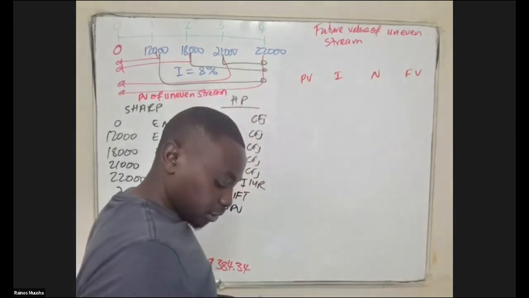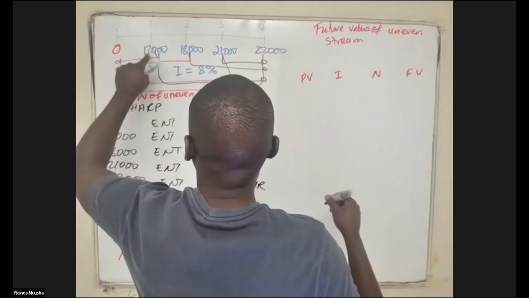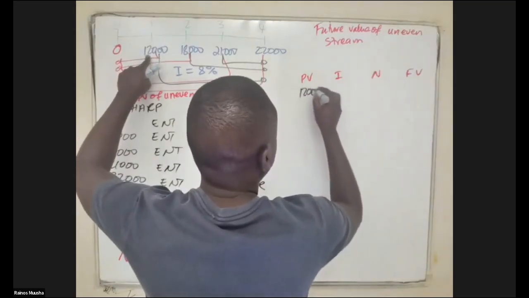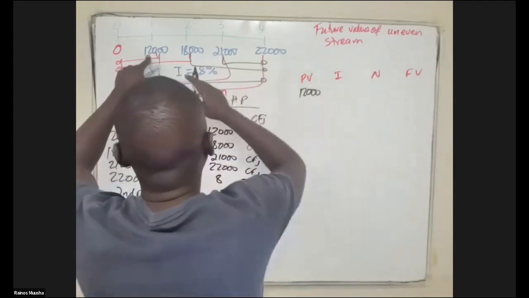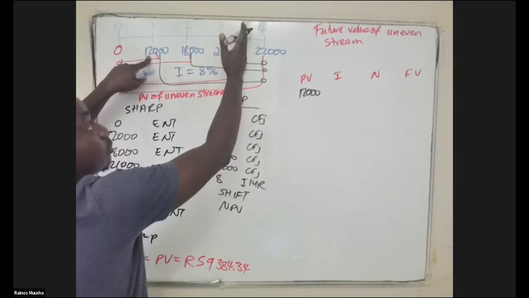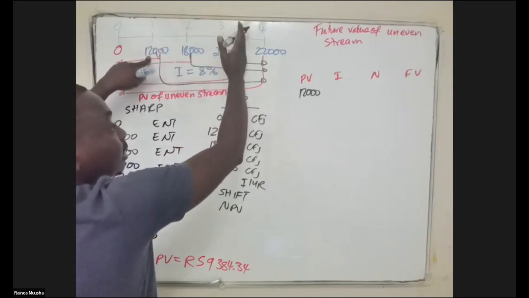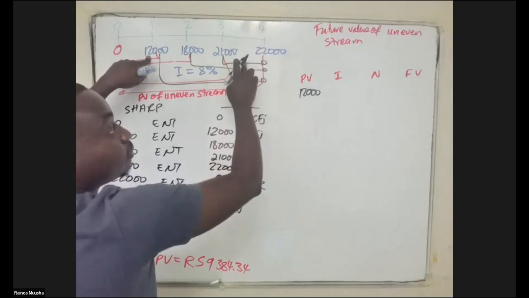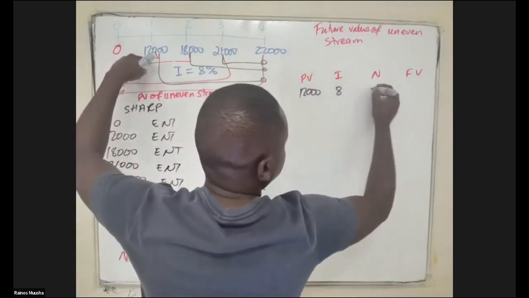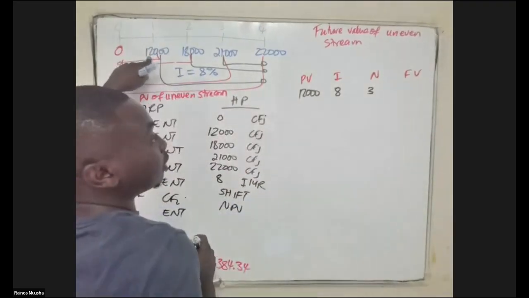Start off with the 12,000. The present value is 12,000. This money is going to be reinvested for 1, 2, 3 years, until you get to the end of the investment horizon. So your interest is 8%, but it's being invested for a period of 3 years. Then you look for its future value.